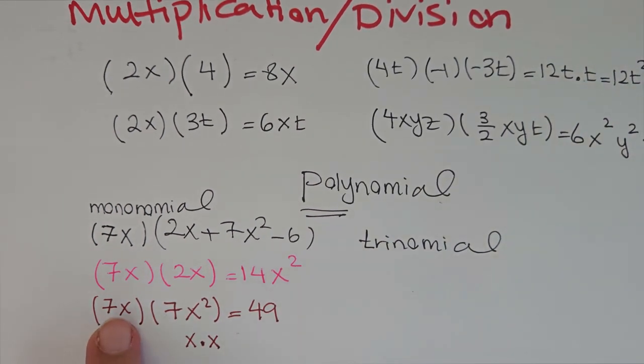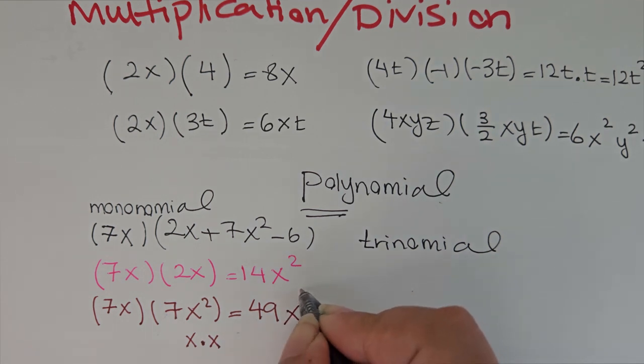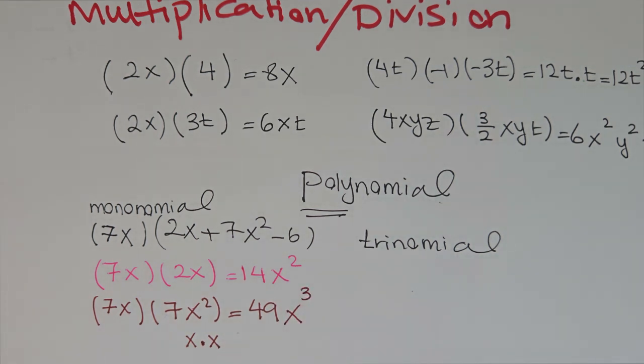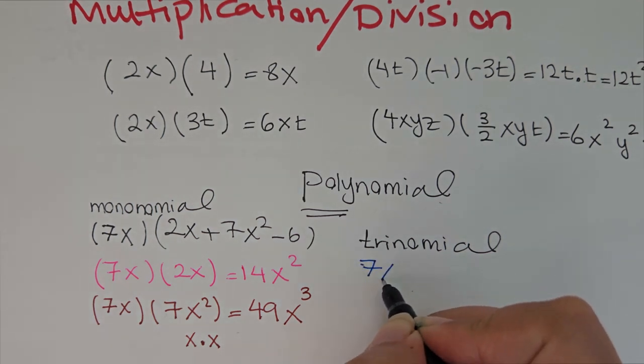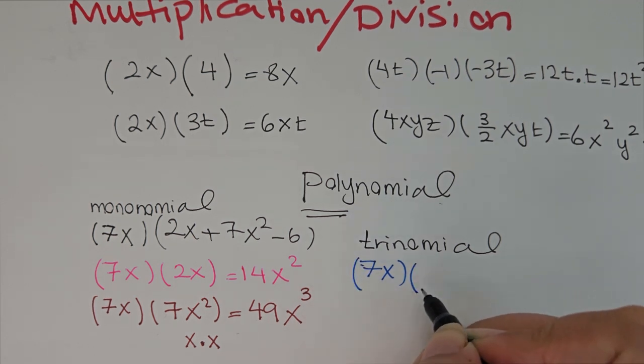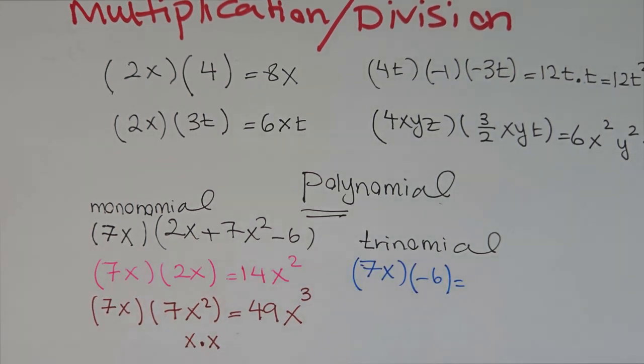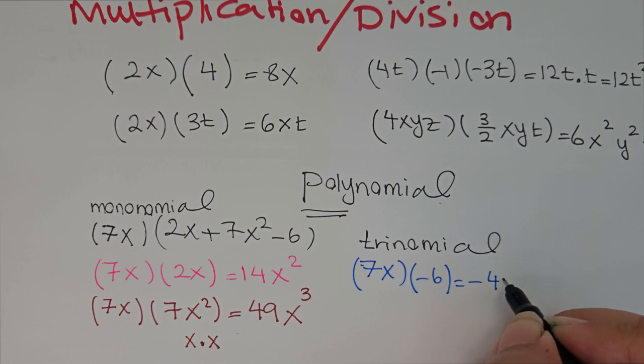So here we have x, x, x, that would be x multiplied by itself 3 times, right? And then the last term would be 7x multiplied by -6, which the answer would be -42x.